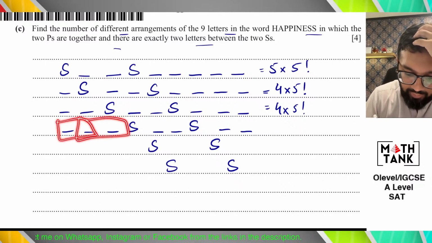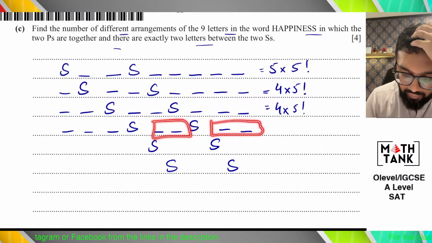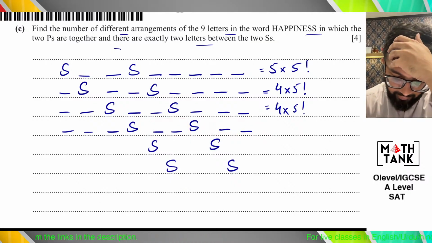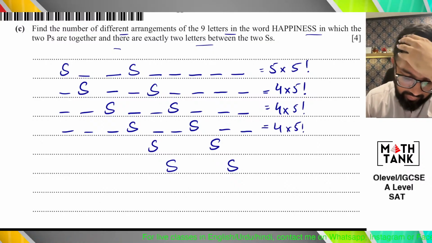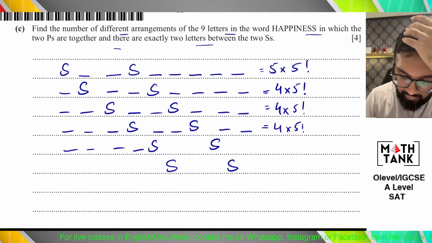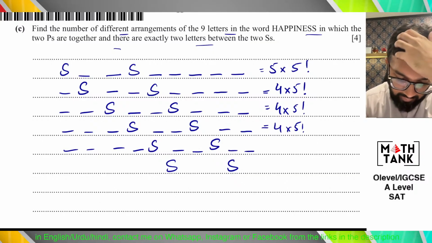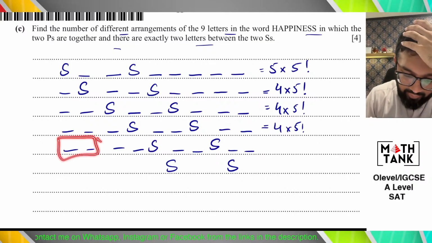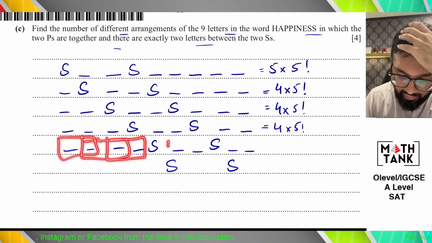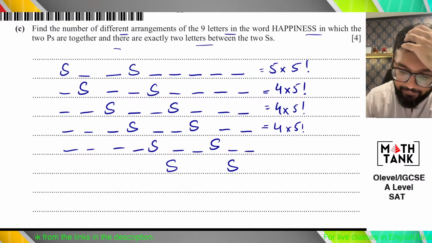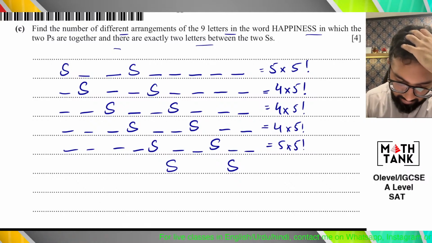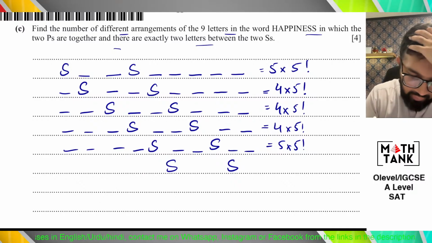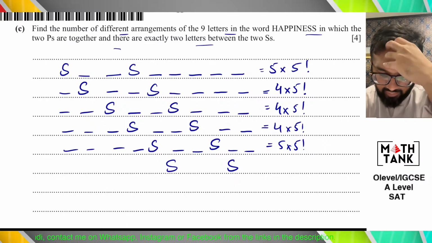So 1, 2, 3, 4. One, 2, 3, 4, 5. I think I've placed an extra dash somewhere.